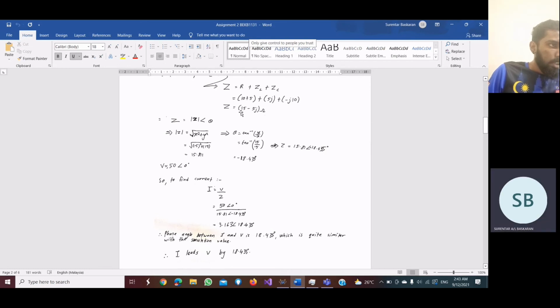We substitute: 15 is X and -5 is Y. Then for theta, we use tan inverse of Y over X with the same values.